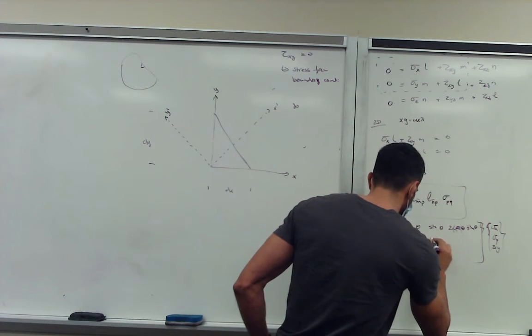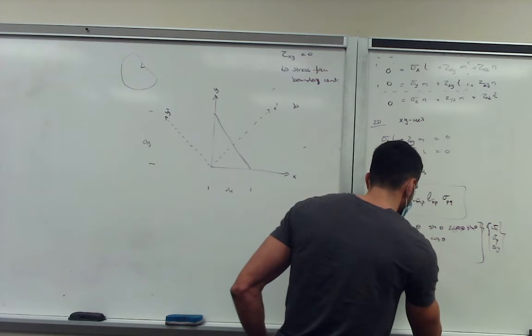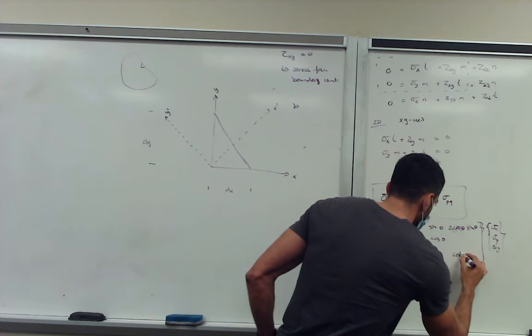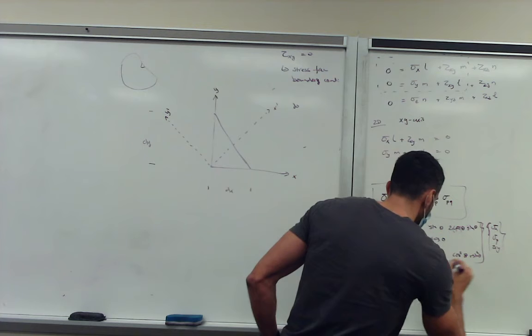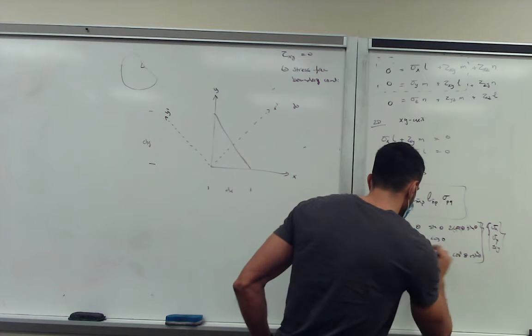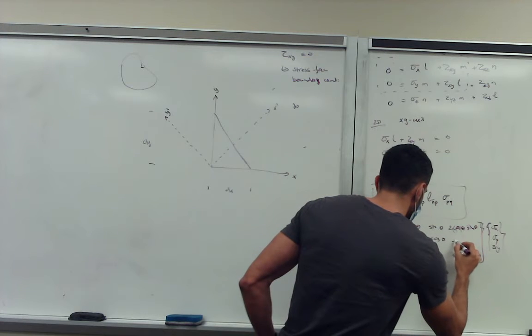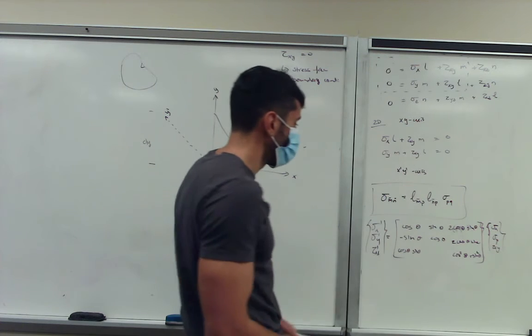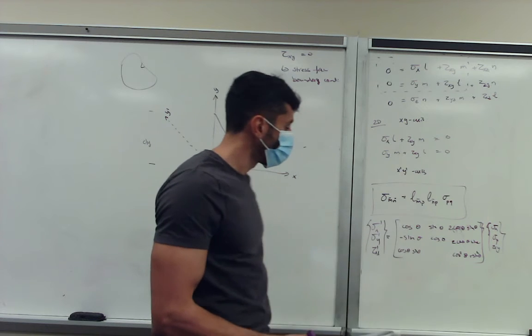Then sine theta, minus, cosine squared theta plus sine squared theta, cosine theta sine theta. I think something like this. I don't remember it by heart. I'm pretty sure about these four and that one, but not the off diagonal terms.